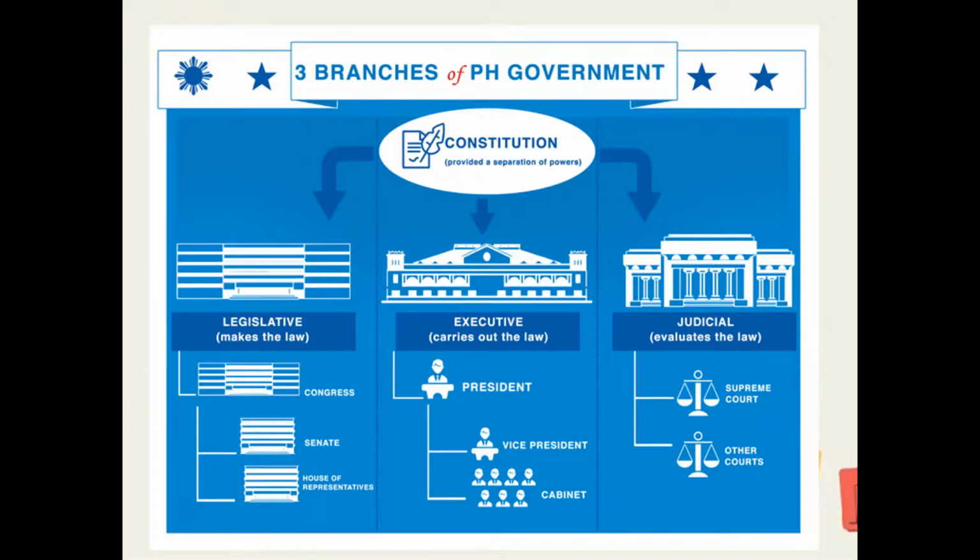To put some power on the law created by the legislative department, we need the executive department to do that. Okay, so the head of the executive department is the president. Okay, and of course we have the vice president.